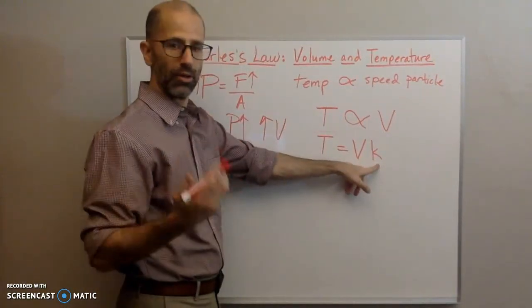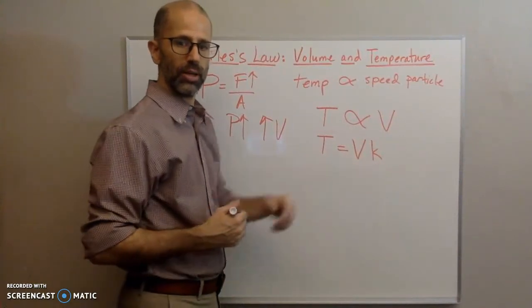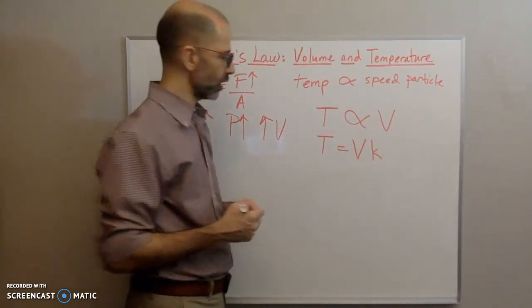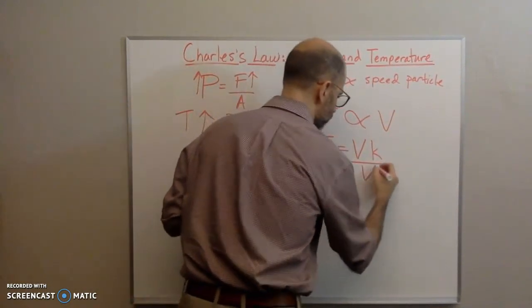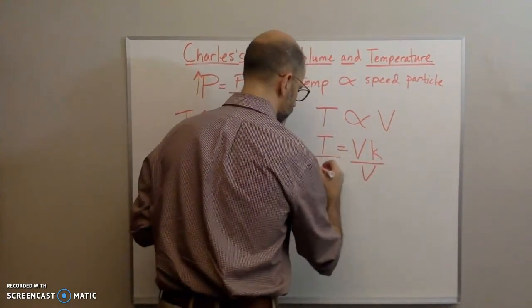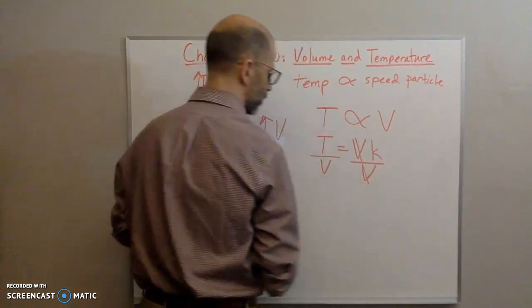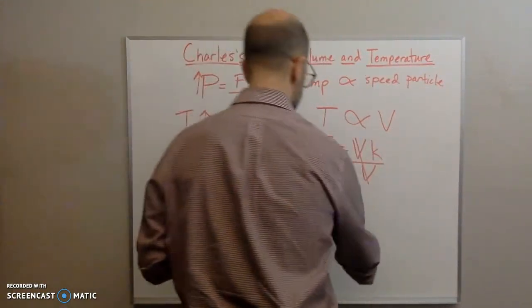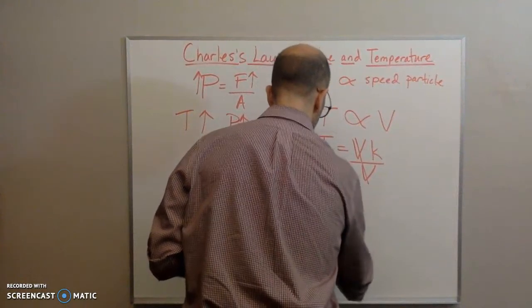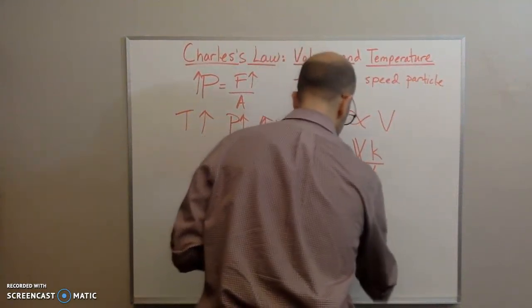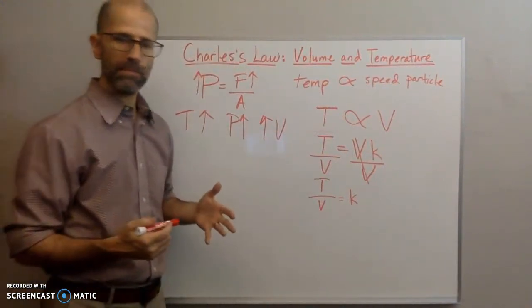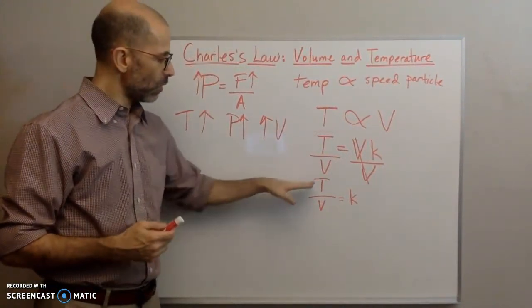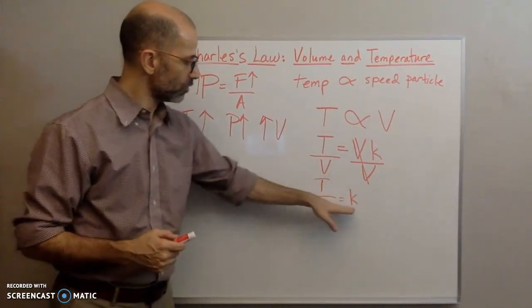I don't know what K is, but whatever it is, we can assume that there is some sort of constant. If I want K by itself, I would divide by V, the volume. Volume will cancel out, and now I get temperature over volume is equal to some constant K. Okay, are you with me so far?